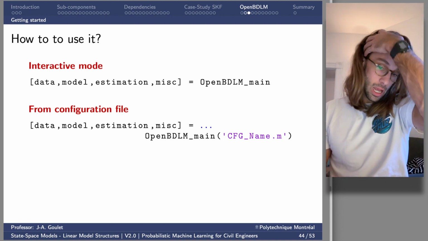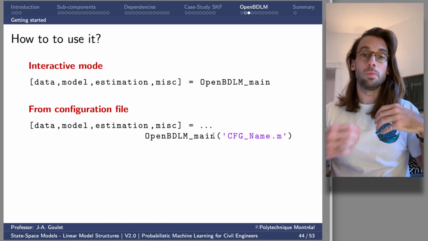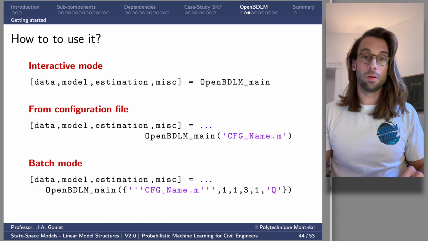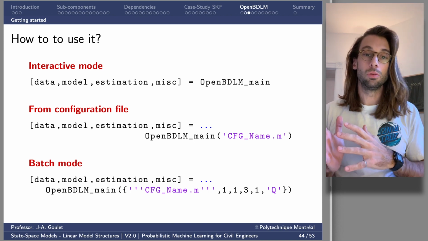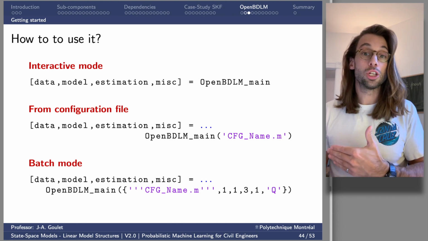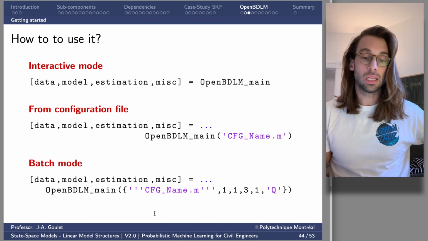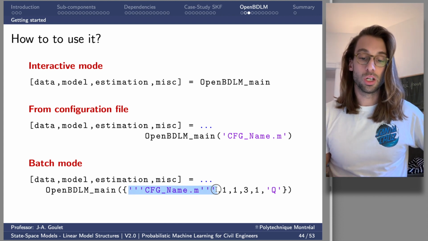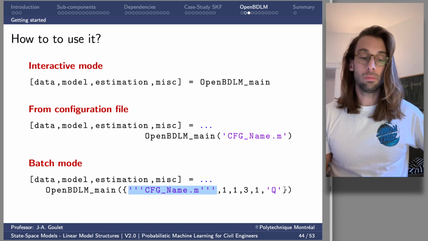In that case, the config file is read and the model is automatically loaded into OpenBDLM. And finally, the third feature is batch mode. In batch mode, not only do we want to load the model, we want to do operations such as estimating hidden states and producing plots. So it takes as input not only a configuration file, but also some actions to be done.